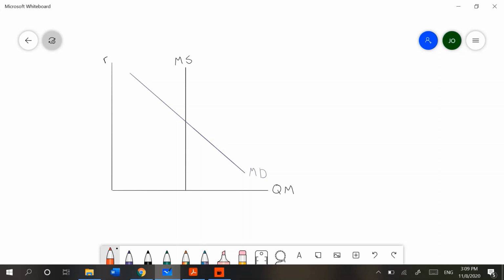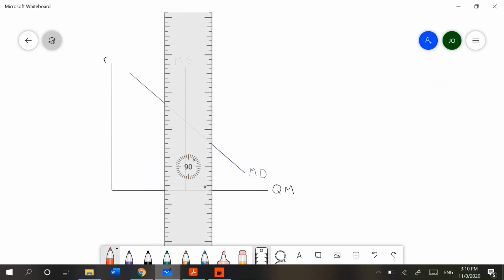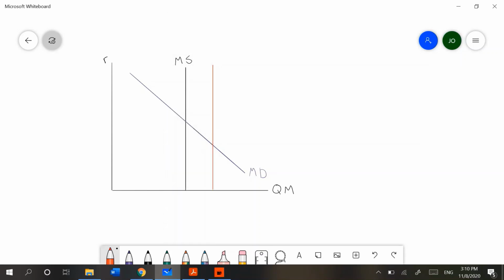To accomplish this, the Federal Reserve must increase the money supply, as shown. This will have the effect of lowering our interest rate. How can the Fed increase the money supply?